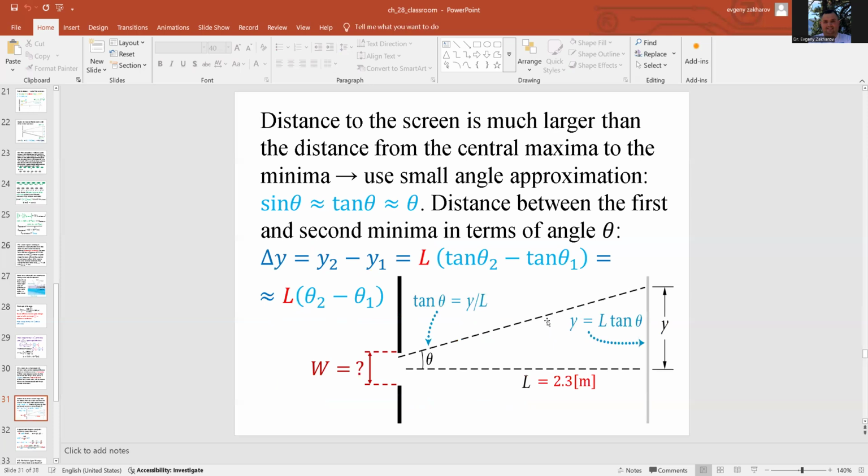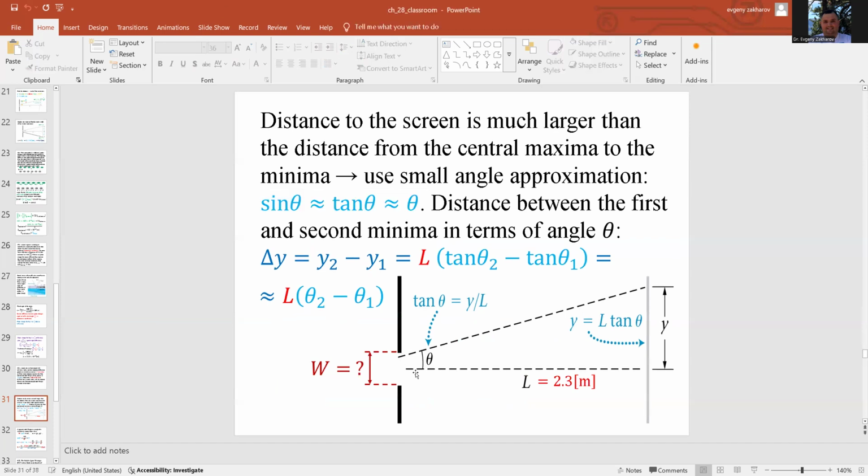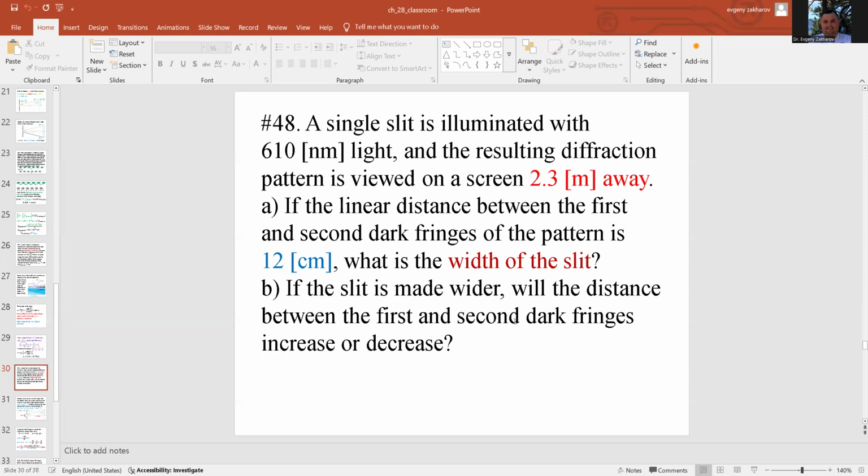We can figure out the angle from, once again, the small angle approximation. Your sine of a certain angle has the same value as the tangent of the certain angle and the angle by itself in radians. So let's take a look. We have the side of a triangle.